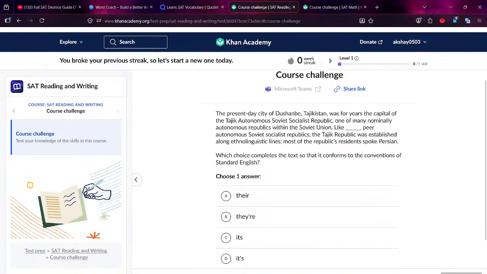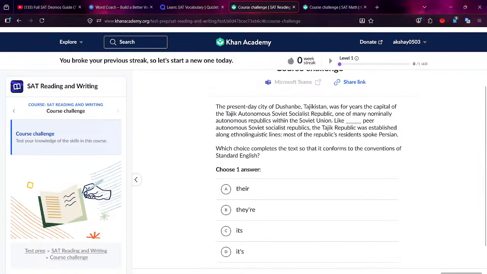Present-day city of Tajikistan was for years the capital of the Tajik Autonomous Soviet Socialist Republic, one of the many nominally autonomous republics within the Soviet Union. Like blank period. Okay, so what completes the sentence? They are pure autonomous doesn't make sense.